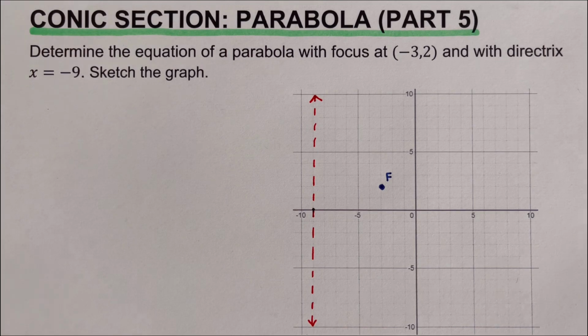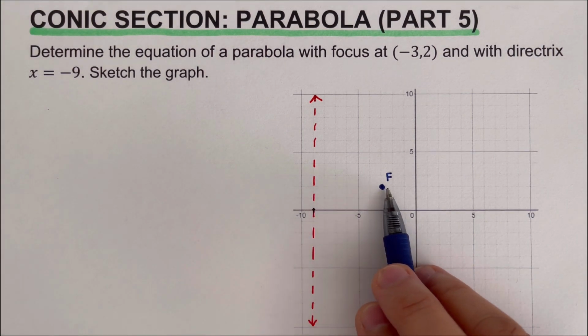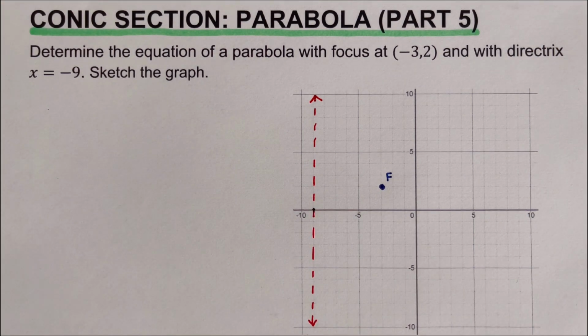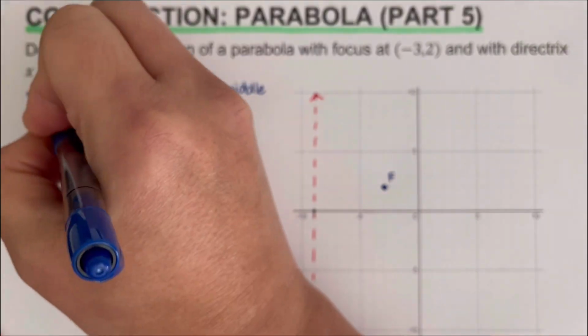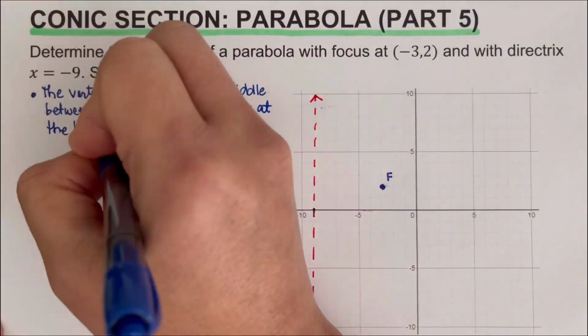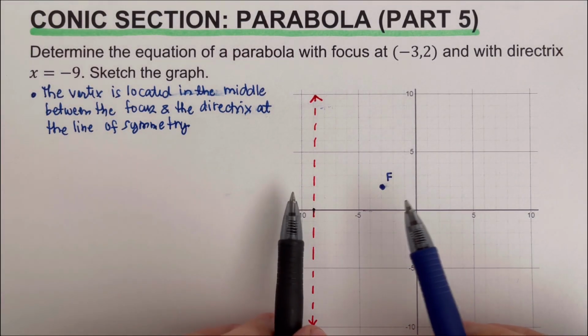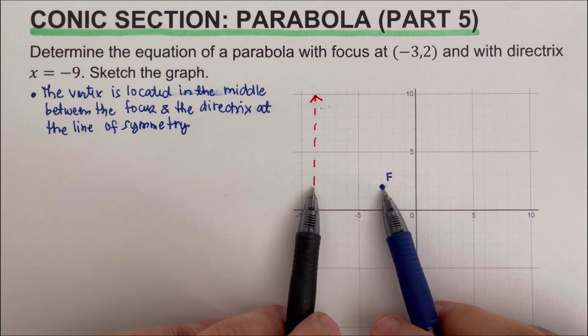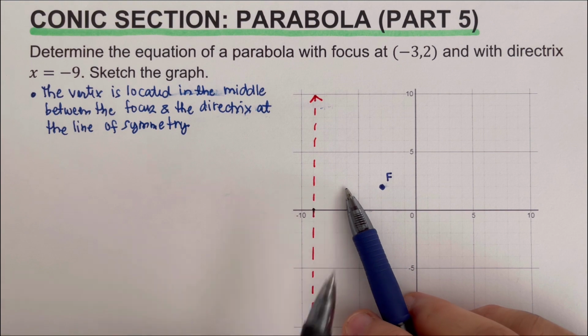We remember that the vertex is located in the middle between the focus and the directrix. It's going to be located in the middle of these 2 at the line of symmetry. So I'm going to go ahead and write that statement up here. Okay, so looking at this, the middle between this focus and directrix is located at this point.